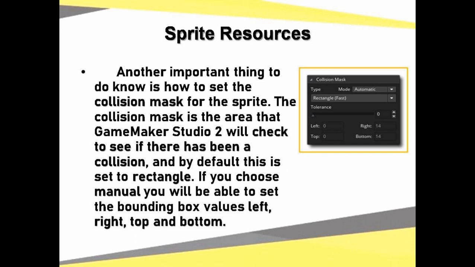Ang nangyayari kasi is, for example, usually meron tayong collision detection na algorithm na kung saan, for example, bumaril ka, magka-instantiate yung game mo ng bala at yung bala na yun is tatama sa enemy and the enemy will be destroyed kapag nagkaroon ng collision yung image ng iyong enemy at yung image ng iyong bullet.